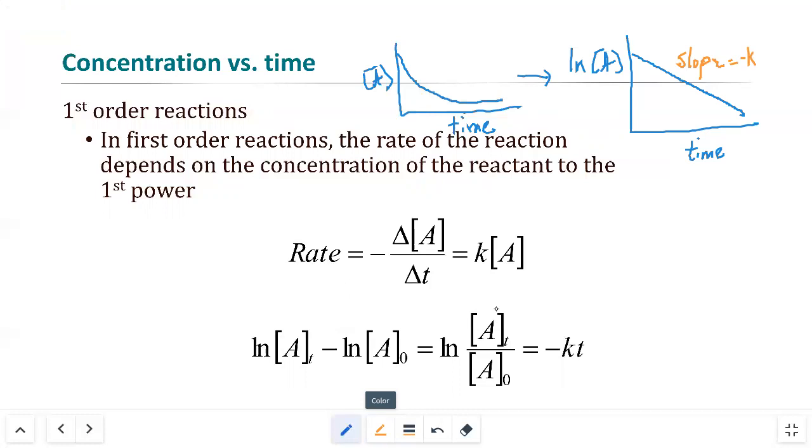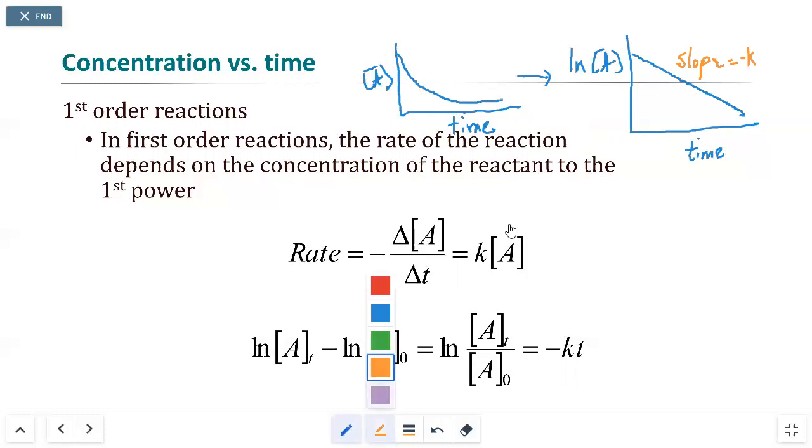Your book likes to put first order graphing in those kinds of terms where you've got that ratio inside of the natural log. I actually don't like that way because it takes us out of the slope intercept form. And like I said, we've all taken algebra 1, algebra 2. We understand slope intercept form of graphs.